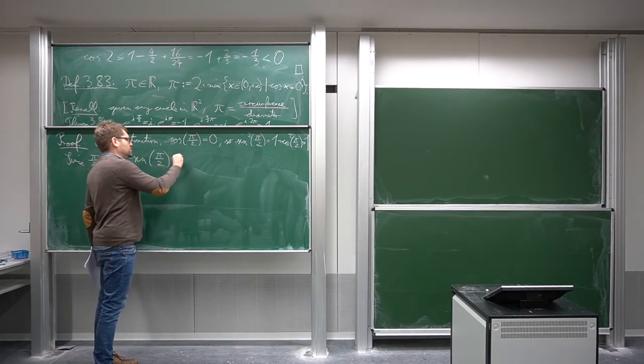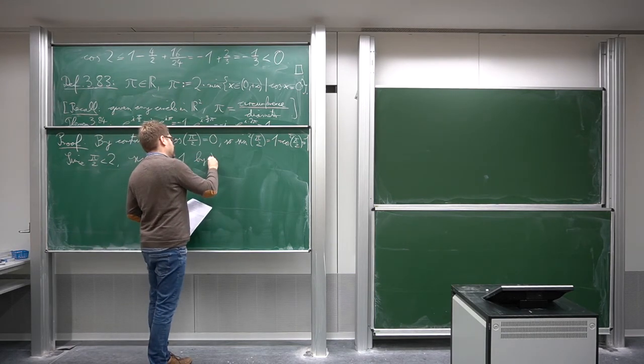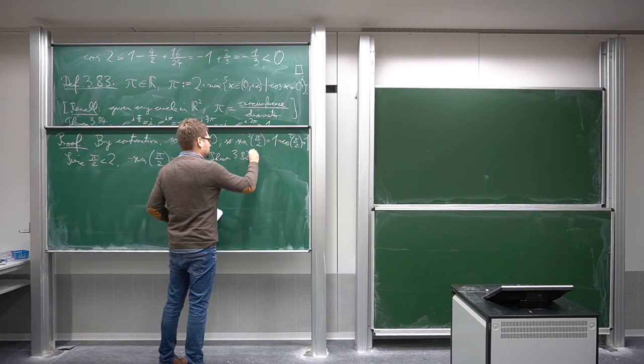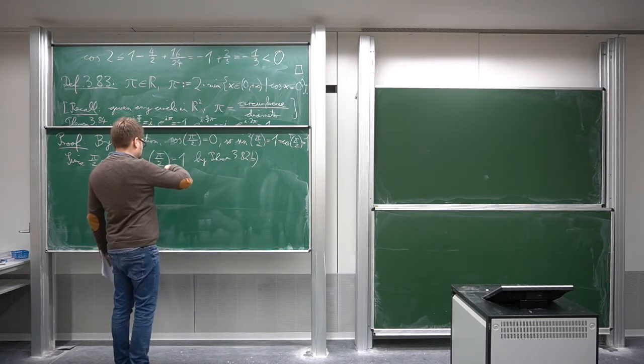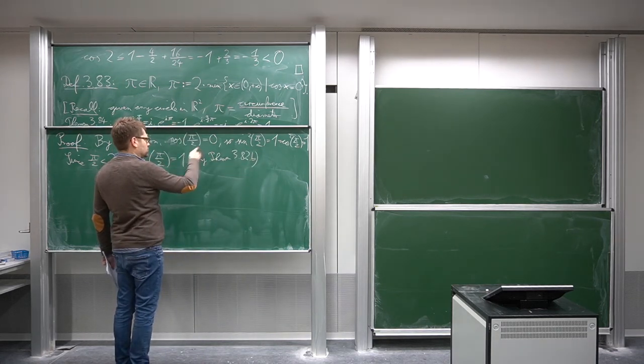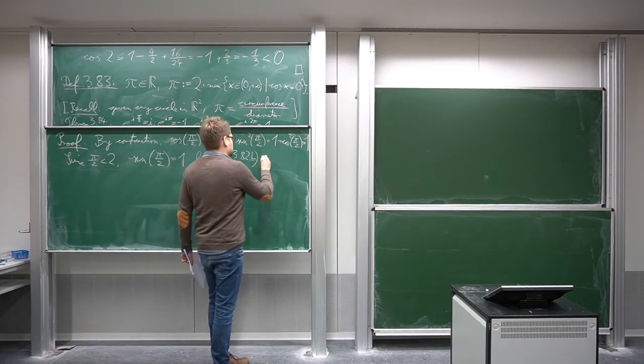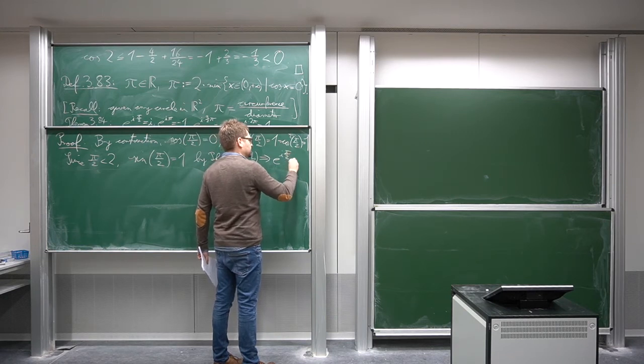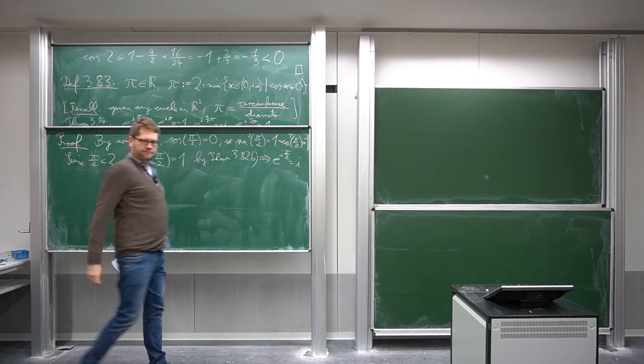So it can only be 1 by Theorem 382b. So real part 0, imaginary part 1. This implies that e to the i pi over 2 is exactly i.